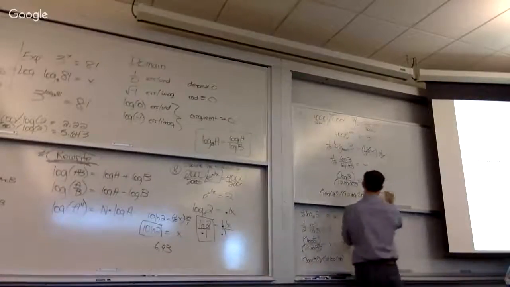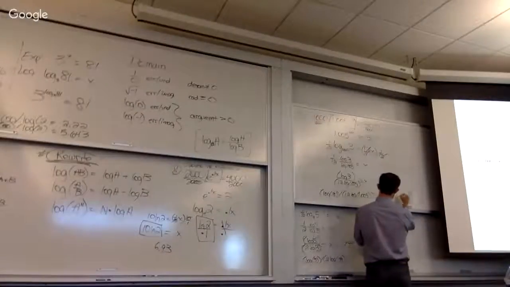Everyone good? What we expected, 18.3559.